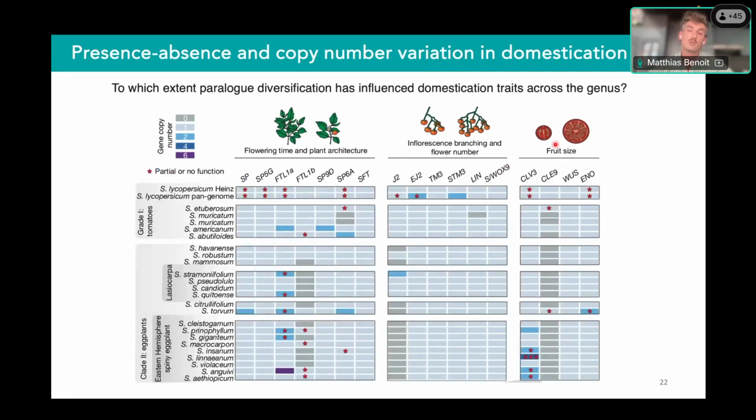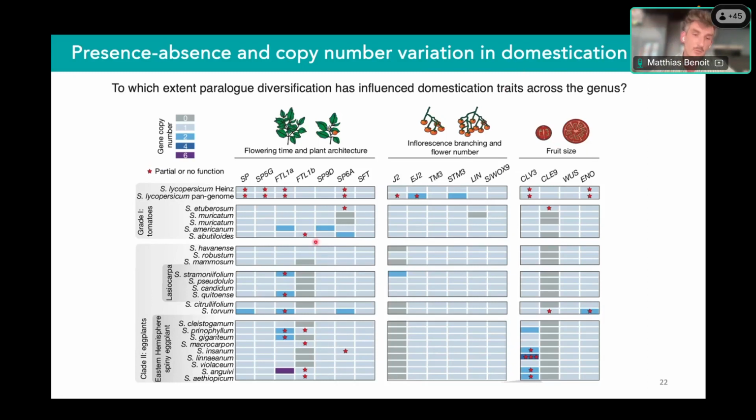So I'm showing you here a subset of what we found. Of course, we won't go into the details of the whole picture here. The main message is that if you look at genes that were relevant for those domestication syndromes at the scale of the Solanum genus, we do find widespread paralogue duplication and or mutation in some of the genes, suggesting that those domestication phenotypes could be modified by the evolution of paralogs in those specific backgrounds.